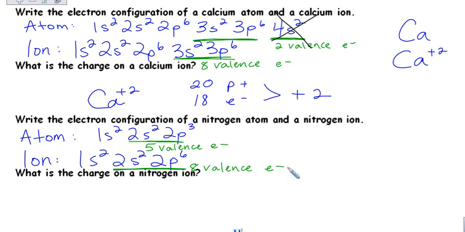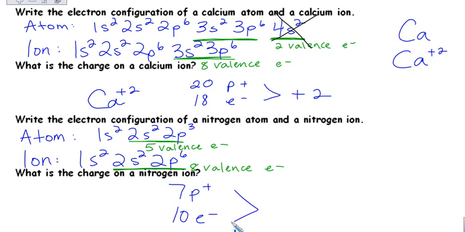Now to determine the charge, let's take inventory. We have 7 protons. 7 positive protons. It's element 7, nitrogen. But now I have 10 negative electrons because I gained 3.